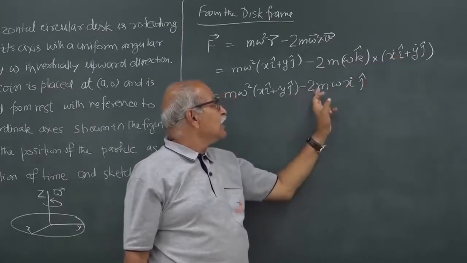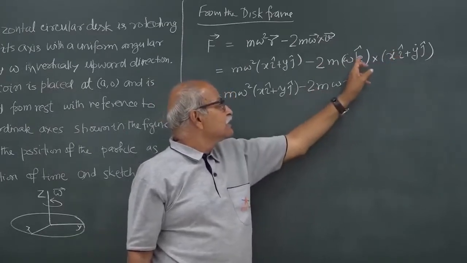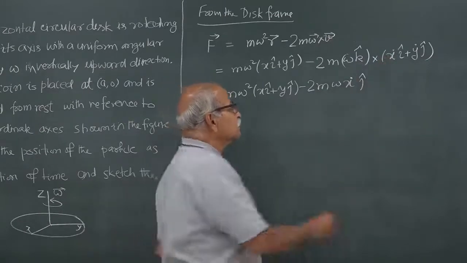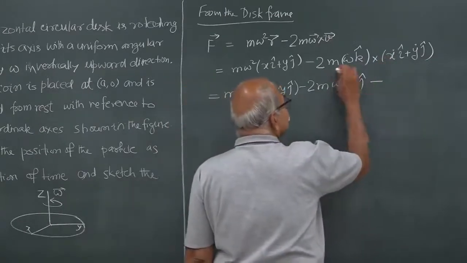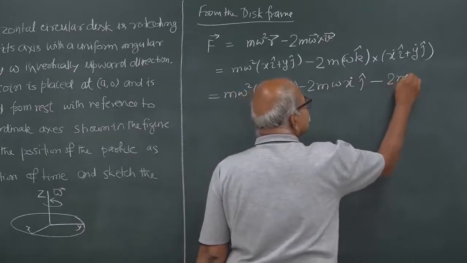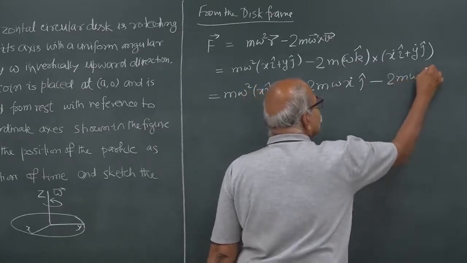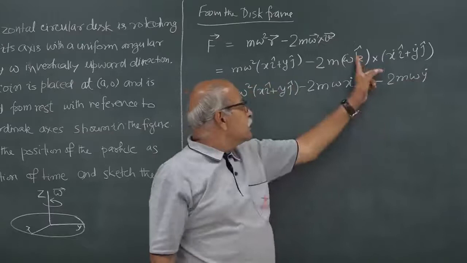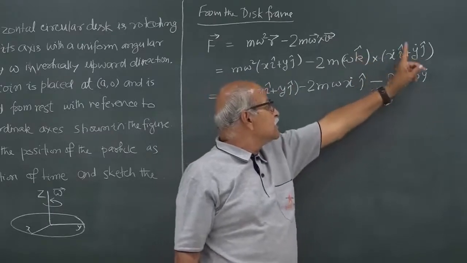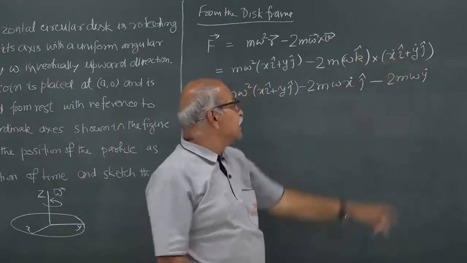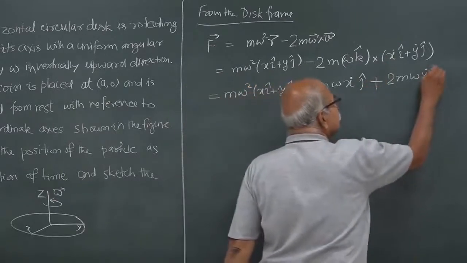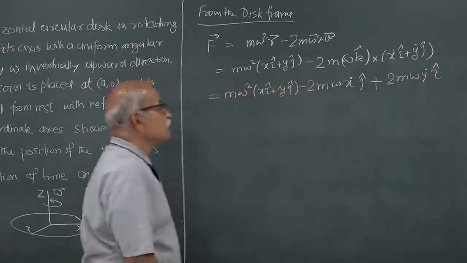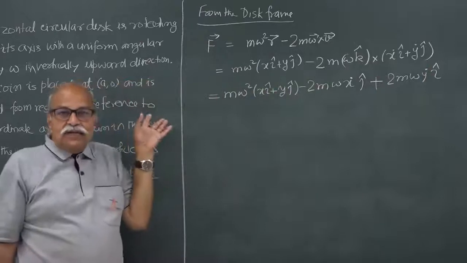So, minus 2 m omega x dot j cap. The second term is minus 2 m omega y dot, and k cap cross j cap is minus i cap. So, it is plus here with i cap. So, this is the total force.